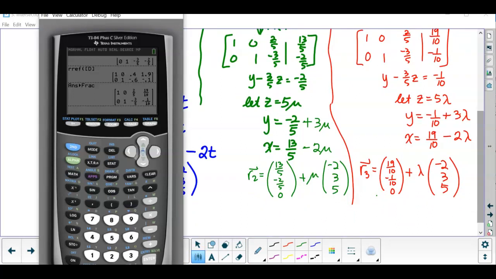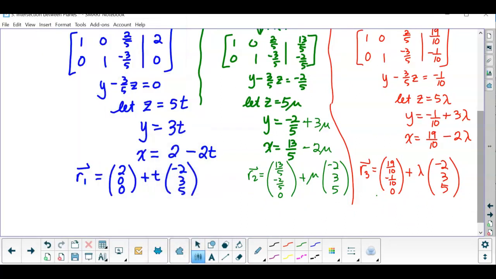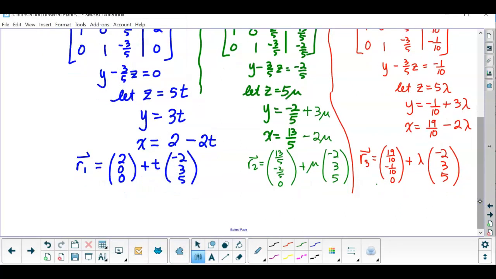Okay, so again, you can see that these are all parallel lines.